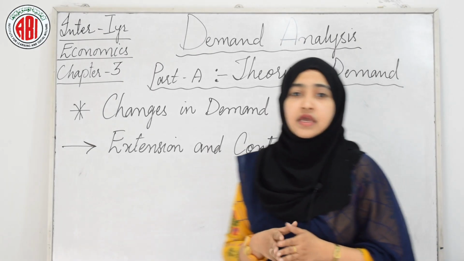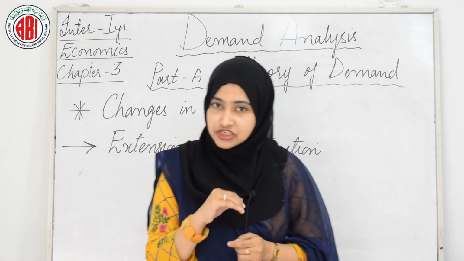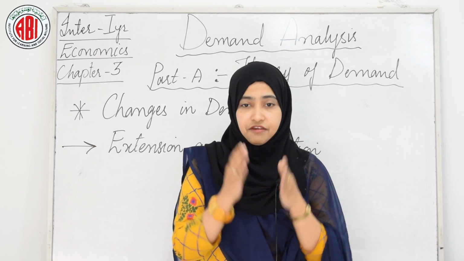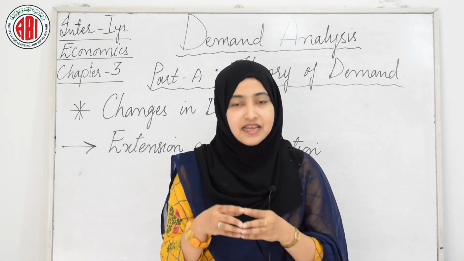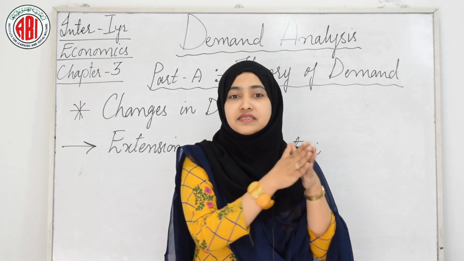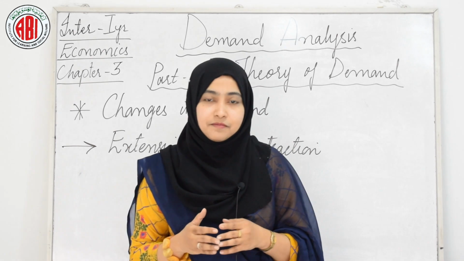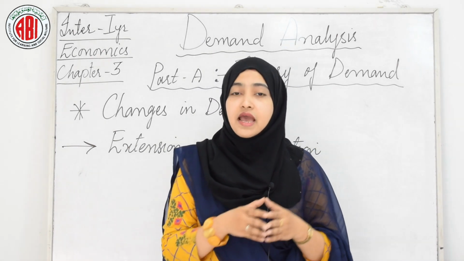In this, the law of demand explains an inverse relationship between the price and the quantity demanded. If other things like price of related goods, taste and income remain the same, more will be demanded at lower prices and less will be demanded at higher prices.